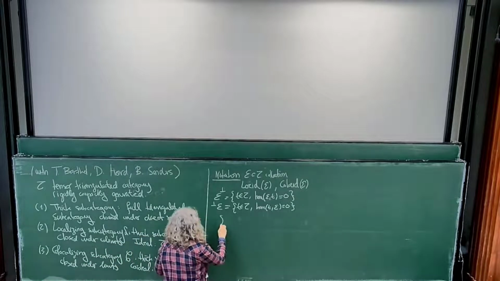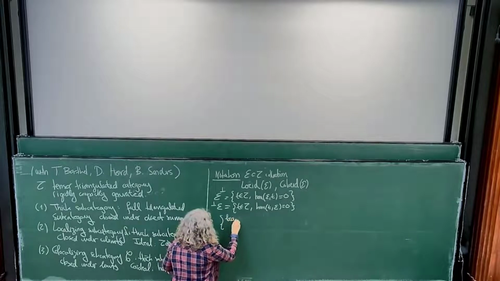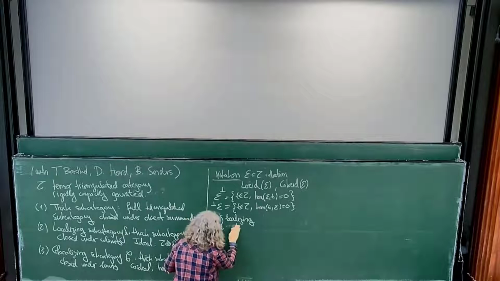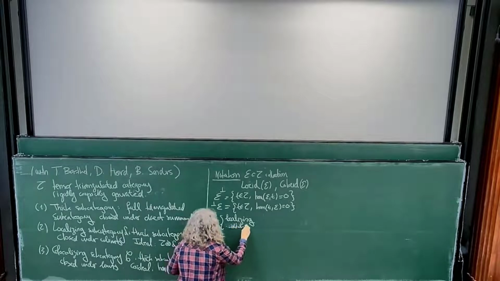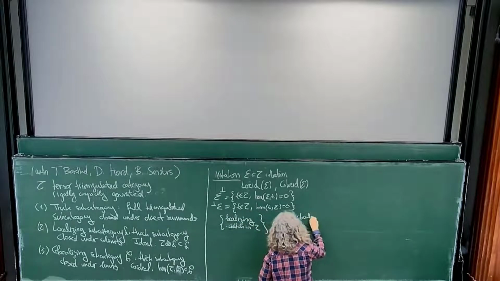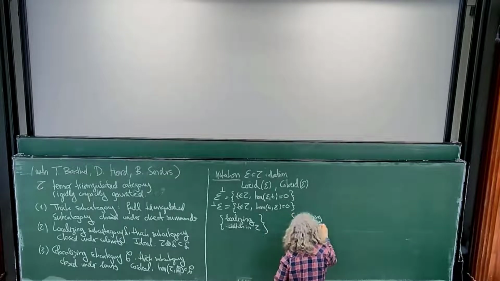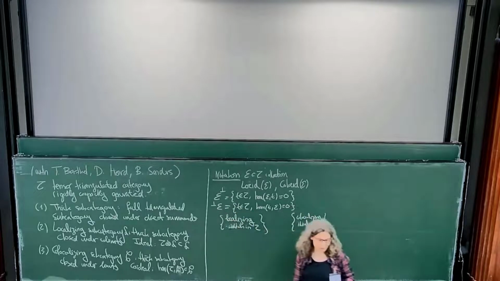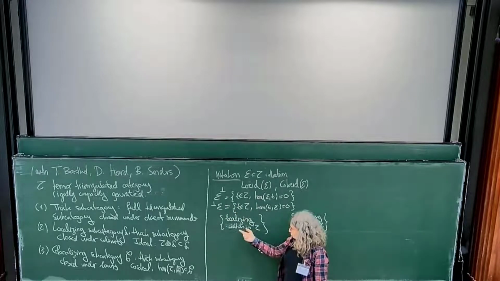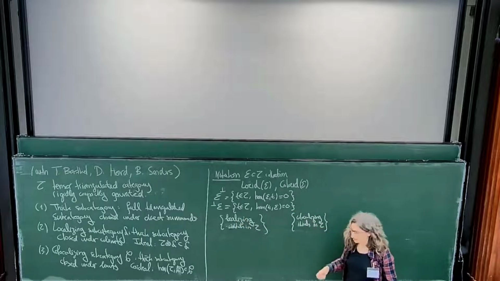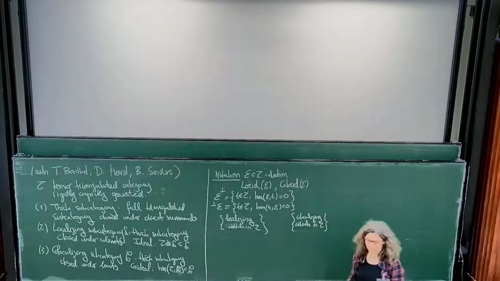The idea is to look at localizing ideals in T, and then colocalizing coideals in T. You can produce them by taking orthogonals, and you want to classify these localizing ideals in a certain category, or these colocalizing coideals in another category.